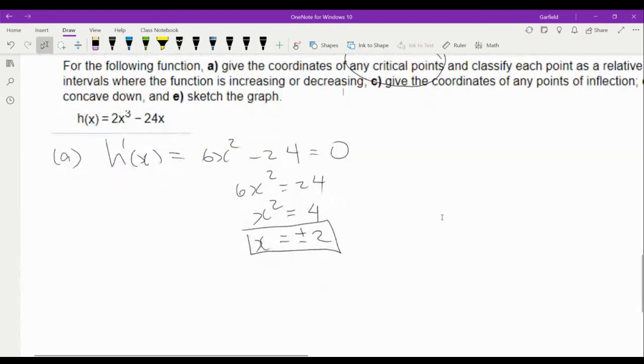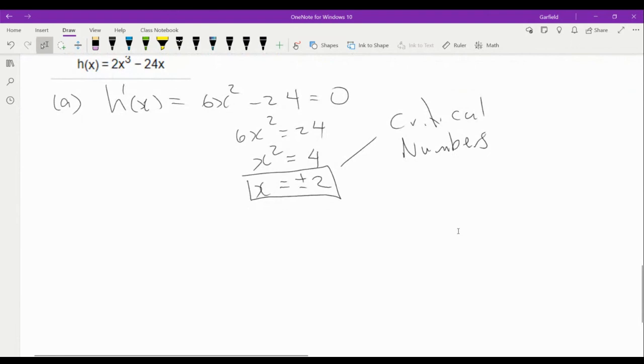Now, how do we know if this is a maximum or minimum? So we know these are the critical numbers. Well, we could go back to the first derivative test and find where it's increasing or decreasing. But we'll do the second derivative test.